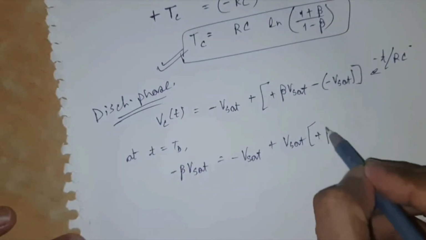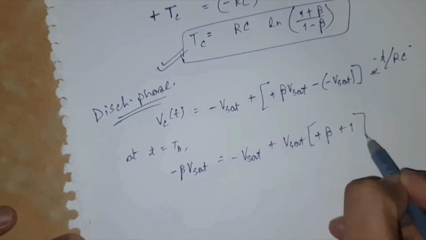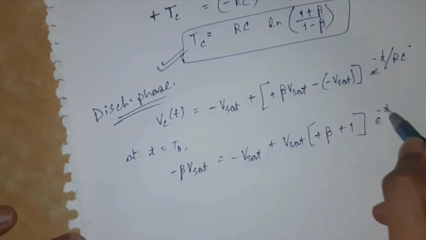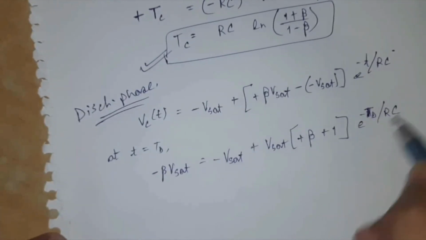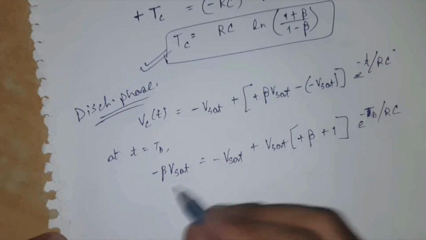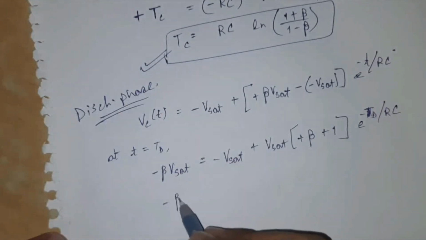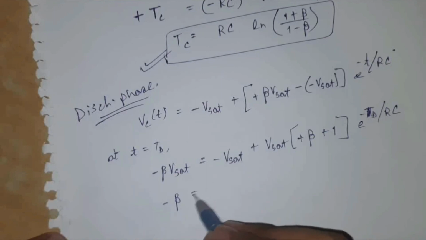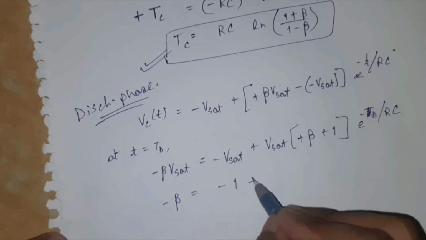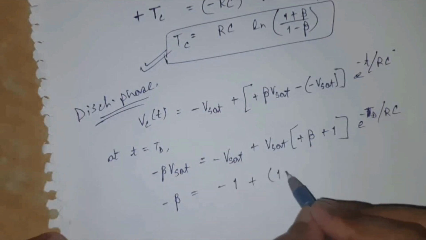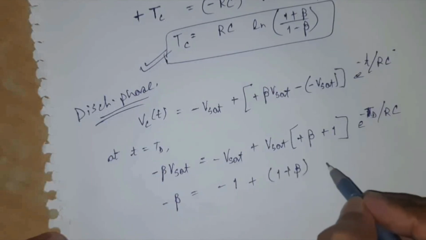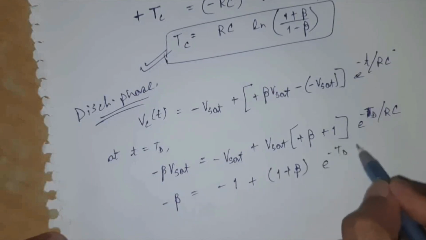Plus beta, and this is plus 1, e to the power minus Td by Rc. This Vsat just cancels out on both the sides, so it will be minus beta, and then this is minus 1 plus 1 plus beta, e to the power minus Td by Rc.